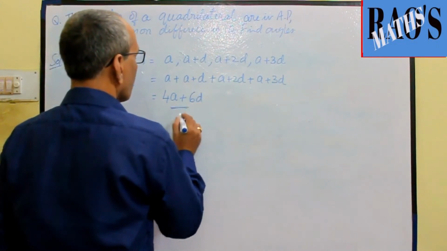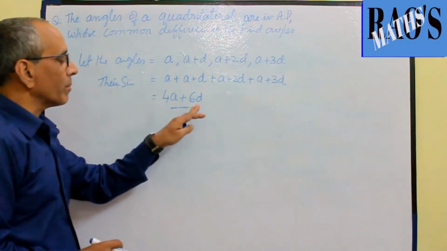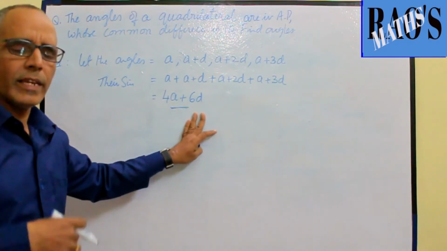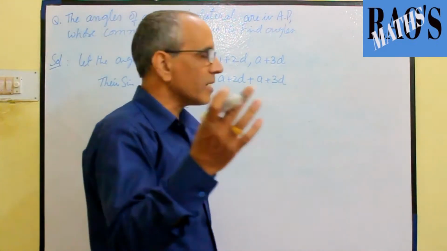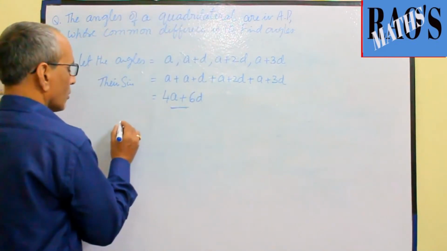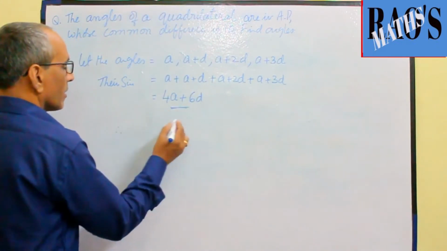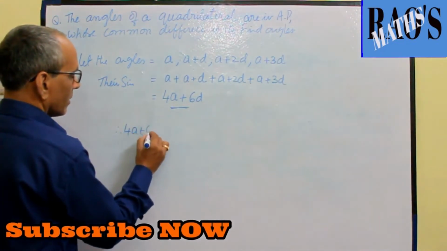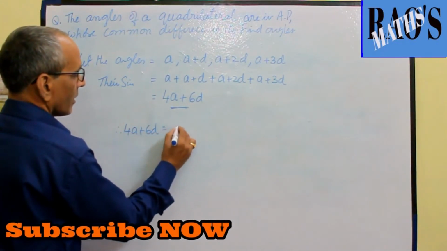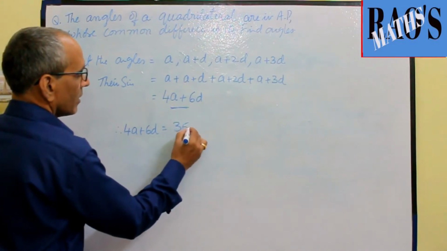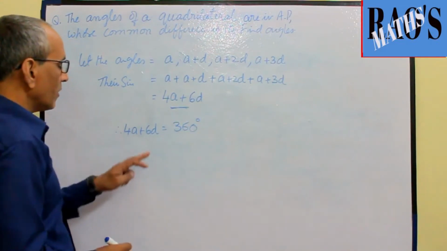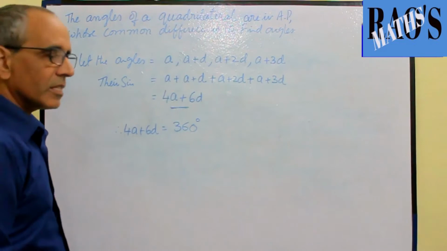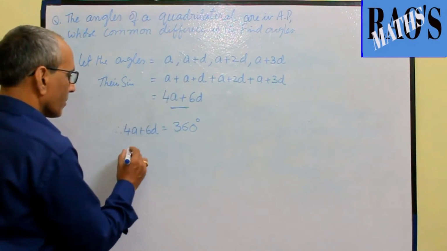This is the sum of four angles in terms of A and D, but we know the sum of four angles in any quadrilateral is 360 degrees. I make this binomial equal to 360 degrees. Therefore, 4A plus 6D is equal to 360 degrees. We know the D value, the common difference is 10. Let me take 10 here.